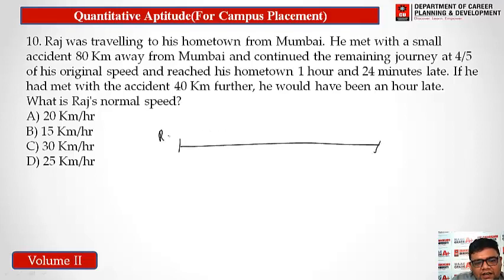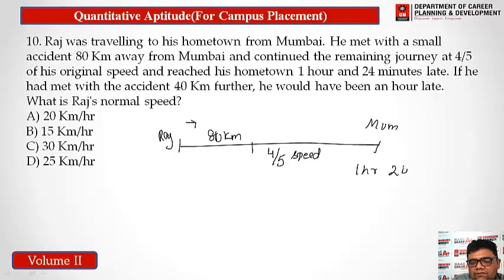Met with an accident 80 km from the start and travels the remaining distance at 4 by 5 of the initial speed, and reaches 1 hour 24 minutes late.